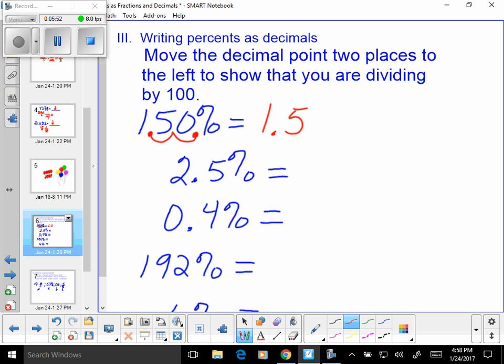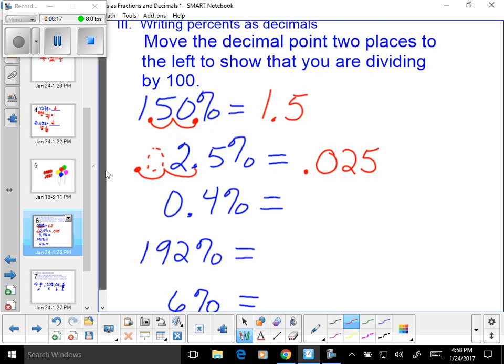In our next example, I'm going to move my decimal point 2 places to the left. 1, 2. Now you'll notice that I do not have a digit there. There's nothing in front of that 2, so I'm going to have to put in a 0. So 2.5% is 0.025.